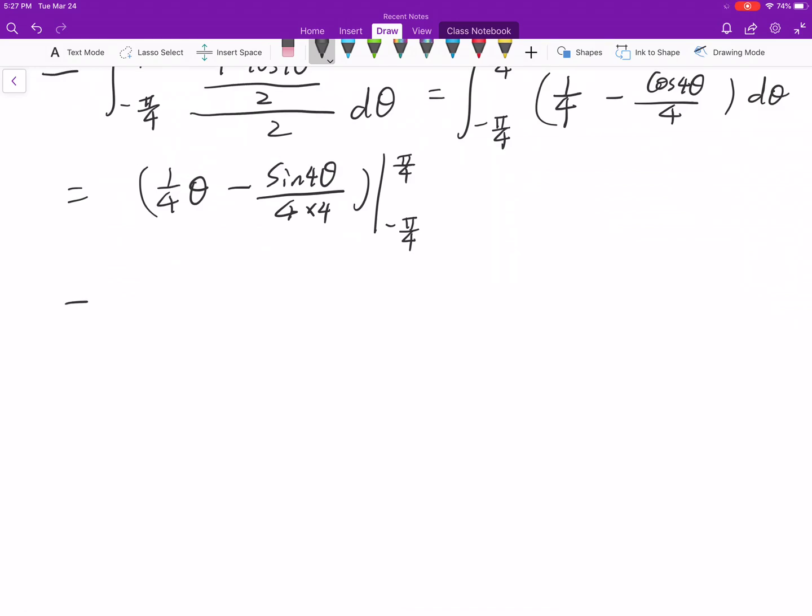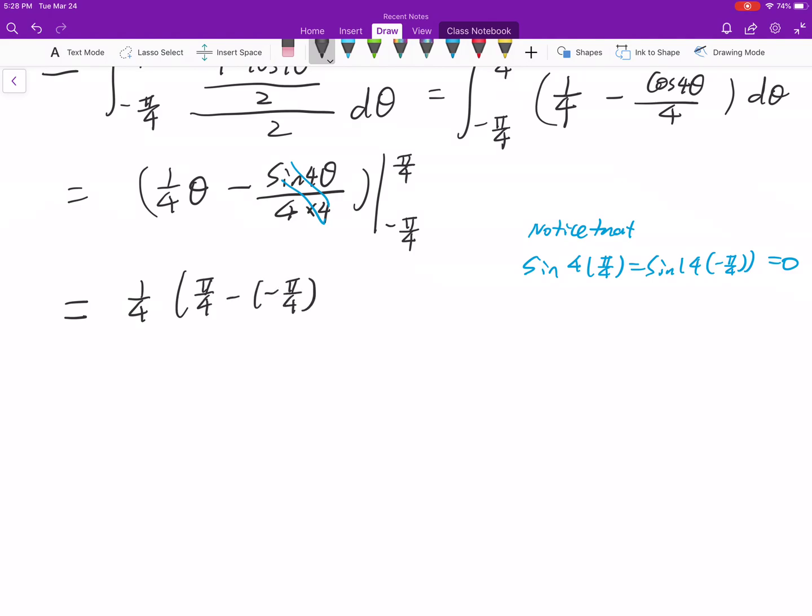And here, notice that sine 4 times pi over 4 equals sine 4 times negative pi over 4 equals 0. Then actually you don't have this part. So the answer will be 1/4 times pi over 4 minus negative pi over 4, which is pi over 8.